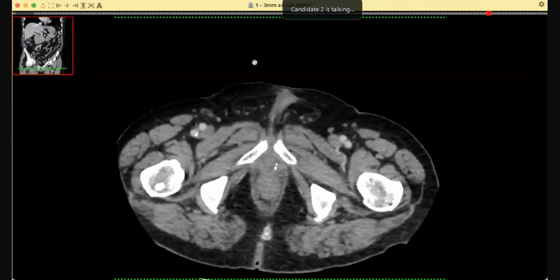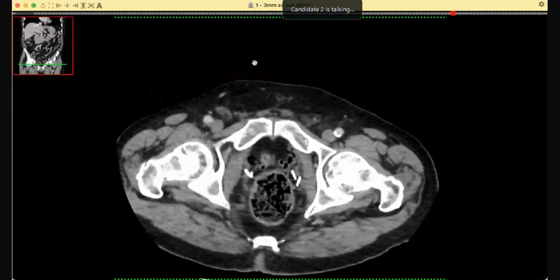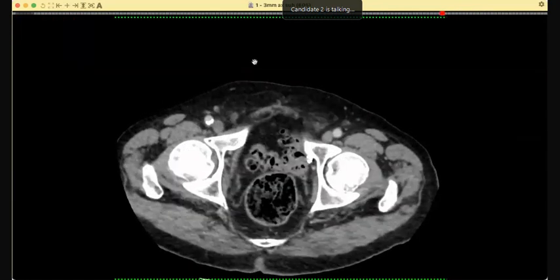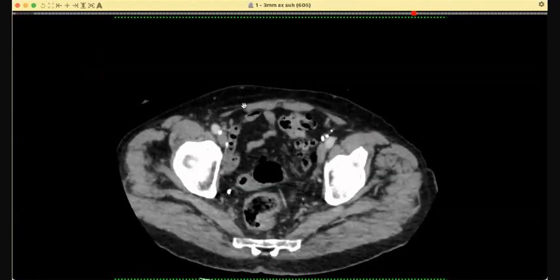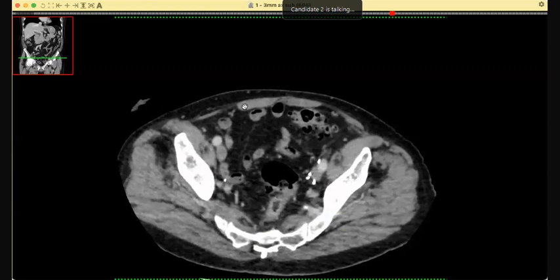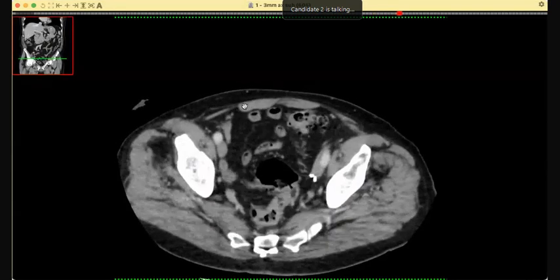I can appreciate that there are surgical clips in the pelvis, likely sites of the operation, and I really couldn't see the urinary bladder. Maybe I need to look at it well again.